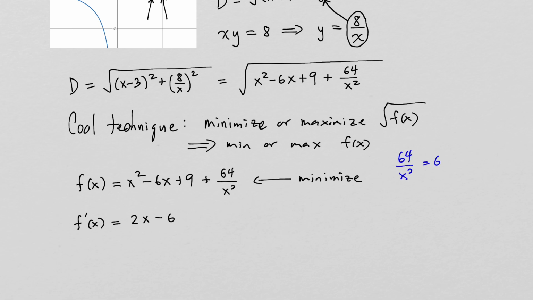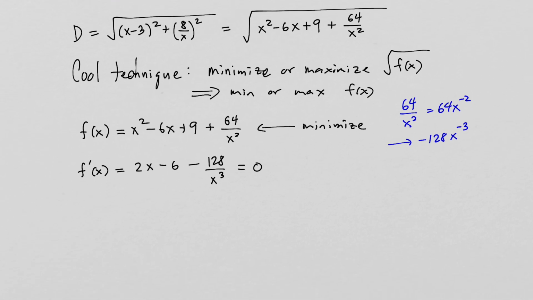Well, let's remember that it's really 64x to the negative 2. And so the derivative is going to be negative 2 times 64, which is negative 128, x to the negative 3. So if I say that differently, it's going to be negative 128 divided by x cubed. And I'm going to set this equal to 0 to find the value of x that will minimize this function.